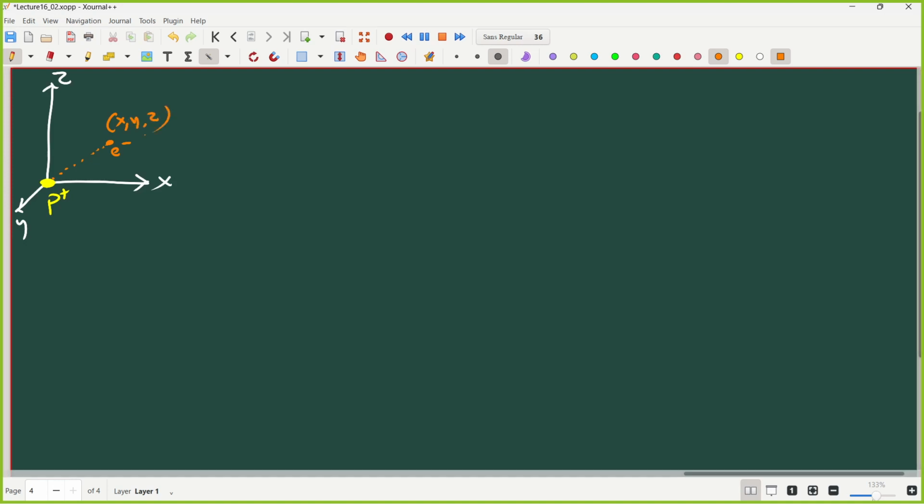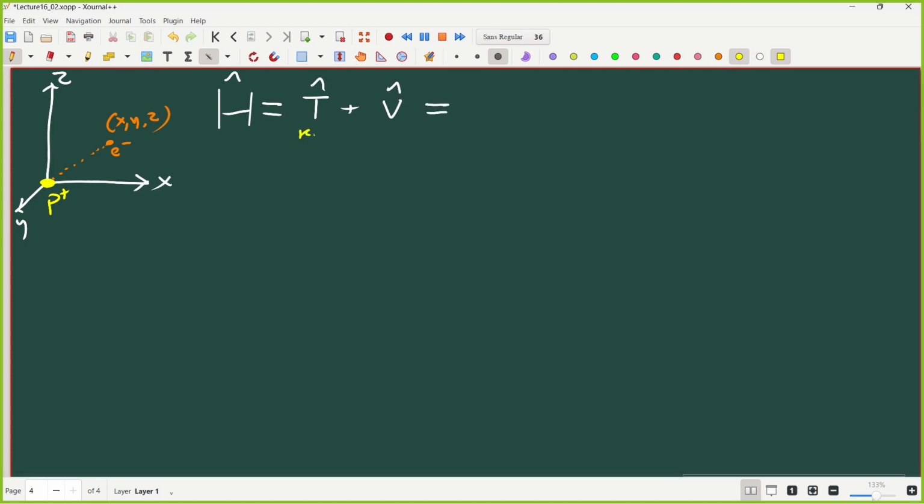Okay, so let's go ahead and just write down very simply our Hamiltonian for this system. And then we're going to realize that we have a problem. So the Hamiltonian is the kinetic energy T plus the potential energy V.